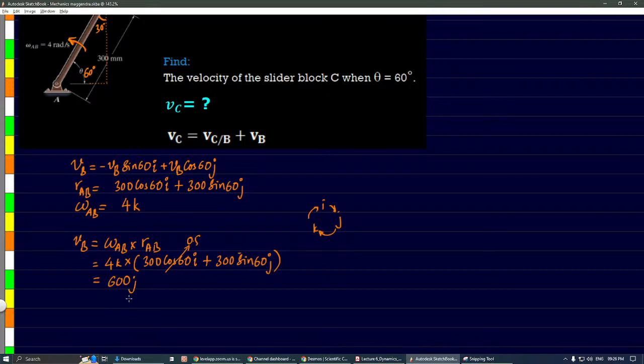And then again sine 60. What is sine 60? It is root 3 by 2.